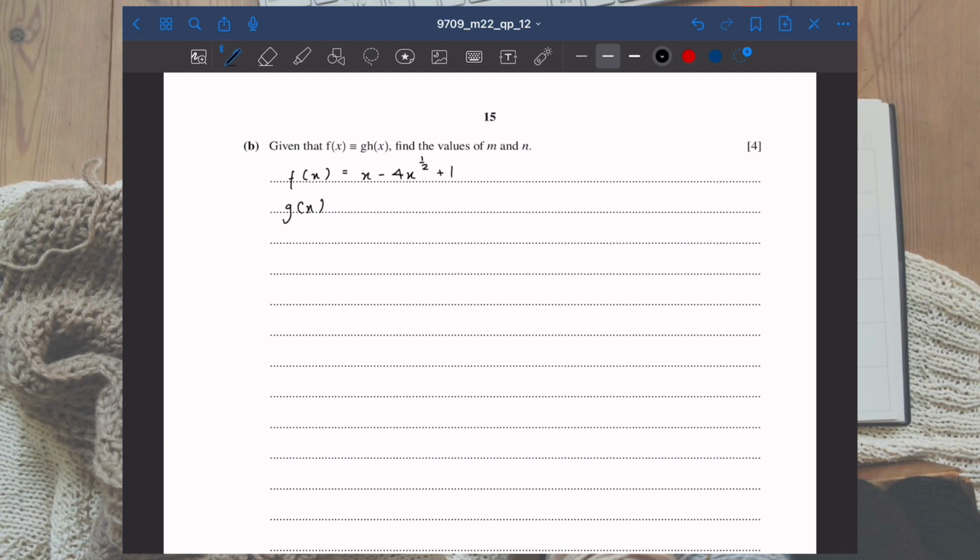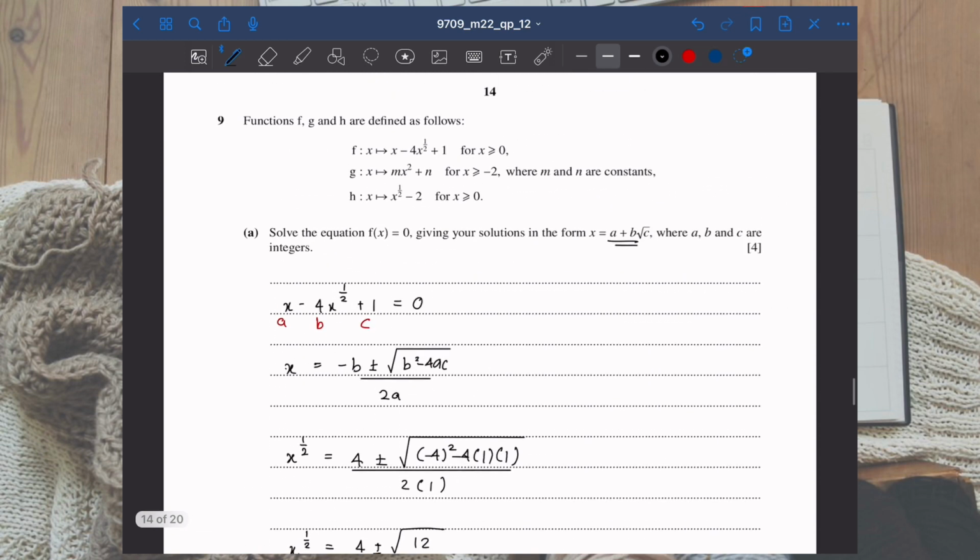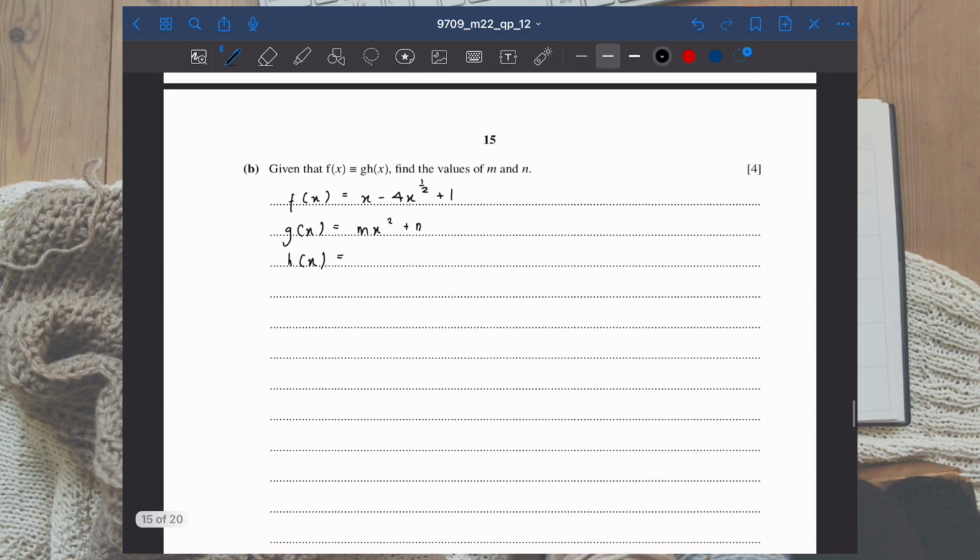Our g of x was mx squared plus n, and our h of x was x power half minus 2. So gh of x will be m times x power half minus 2 squared plus n.